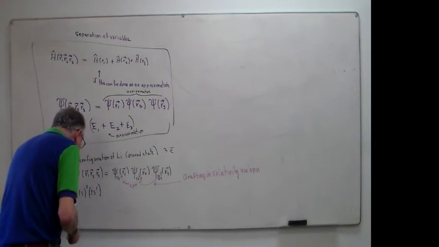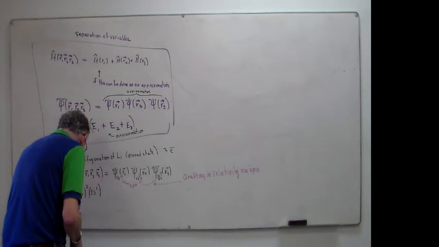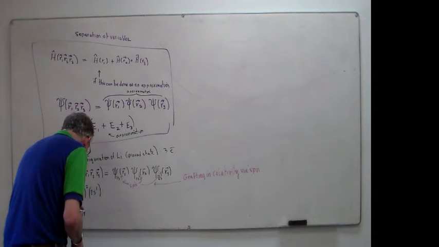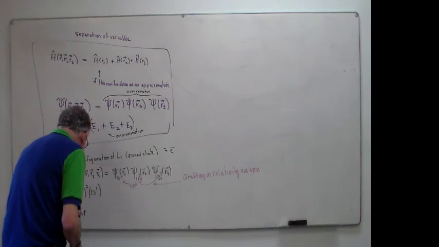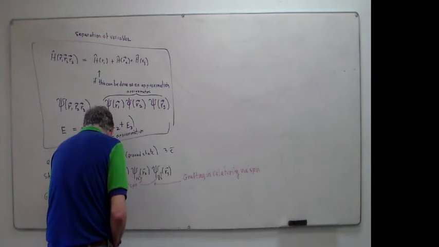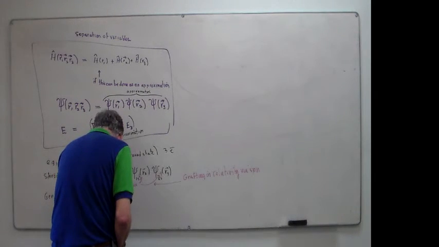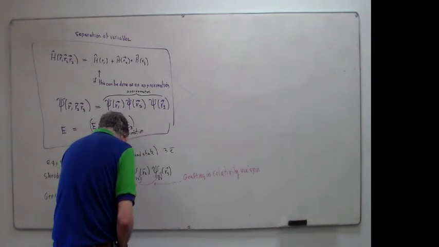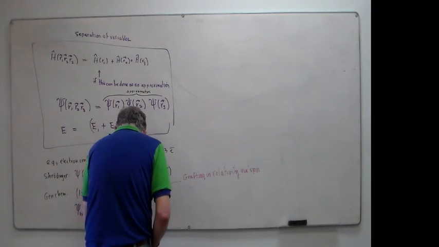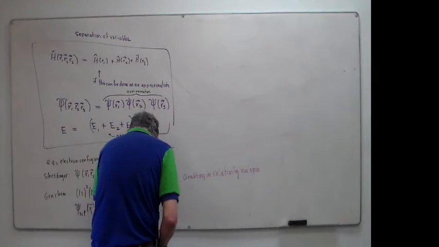That's just shorthand notation for the 1s wave function with spin up for electron 1, times the 1s wave function with spin down, coordinates of electron 2, times the 2s wave function spin up, coordinates of electron 3.